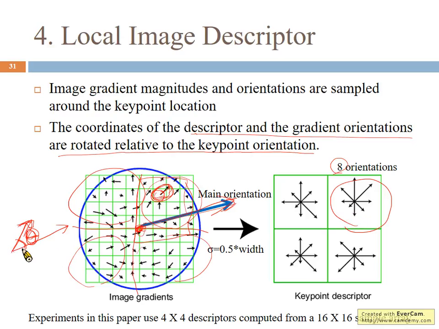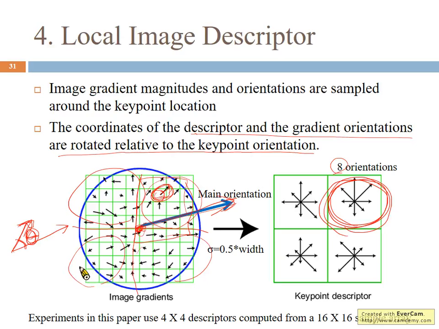And this is why we can achieve rotation invariance when we describe the key points by such an image descriptor, because all the values in the orientation histogram are relative to the main orientation.